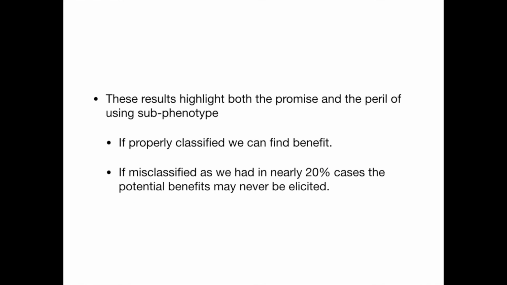So these results highlight both the promise and the perils of using subphenotypes. If properly classified, we will find benefit, but if misclassified, as many as nearly 20% of the patients will not have any benefit, and we will not find any benefit in a large group of patients.